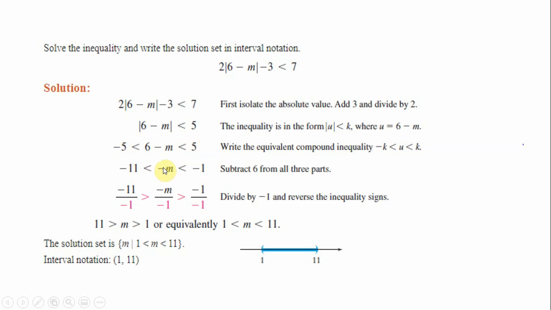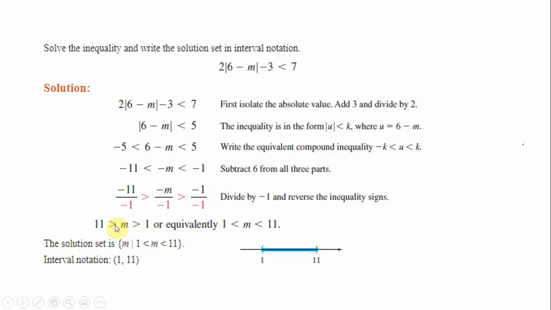And now I want this to be plus m, so I'm going to divide all 3 by -1. When I do that, I need to swap the order of the inequalities because of that -1. So now it's 11 bigger than m, bigger than 1, and I want them from left to right, small to large, so I'm going to rewrite this.